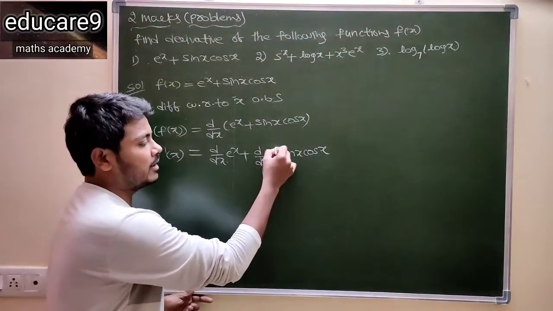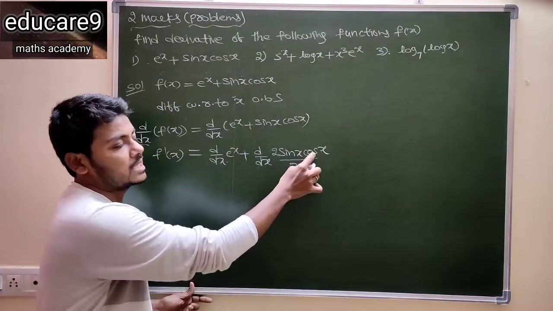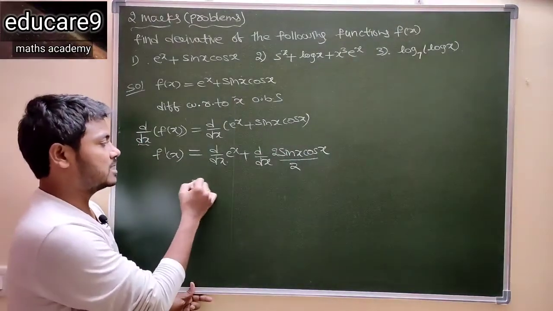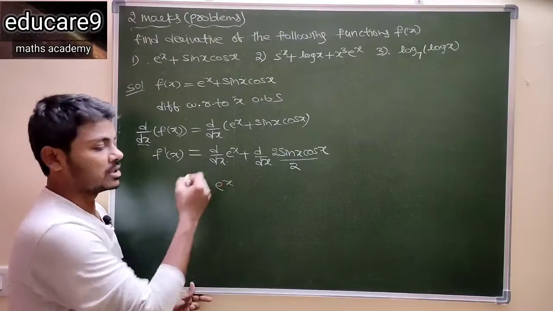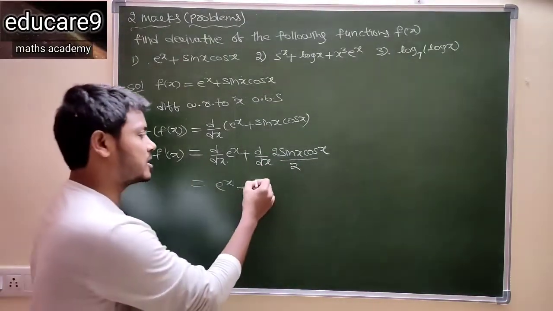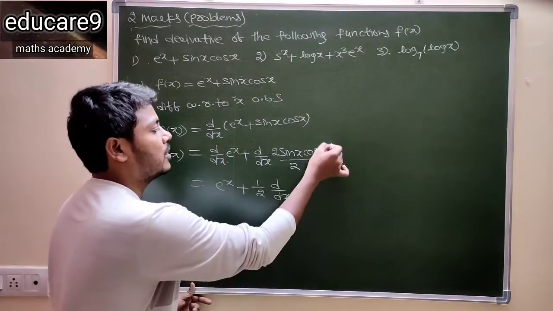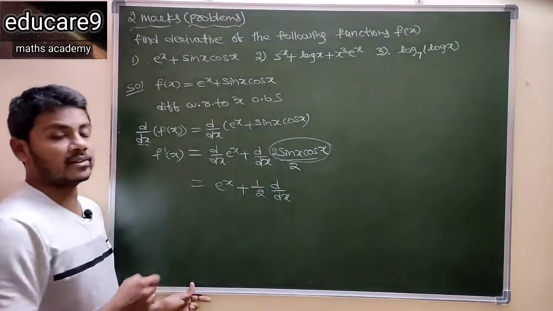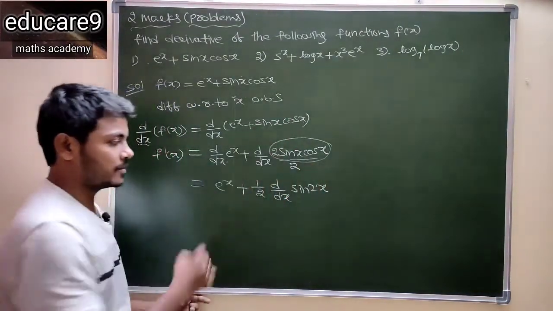Here multiply and divide with 2, because we have a formula for 2 sin x cos x. Now, what is the derivative of e power x? E power x only. This 1 by 2 is a constant, so it goes outside of the differentiation: 1 by 2 into d by dx of 2 sin x cos x. That is what? Sin 2x.